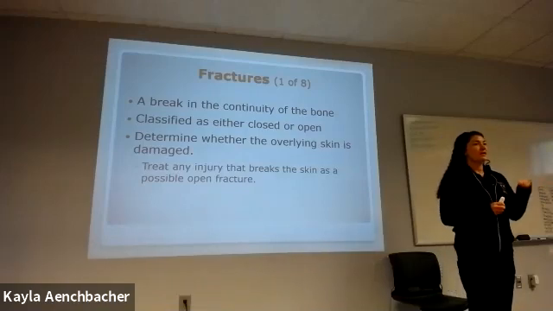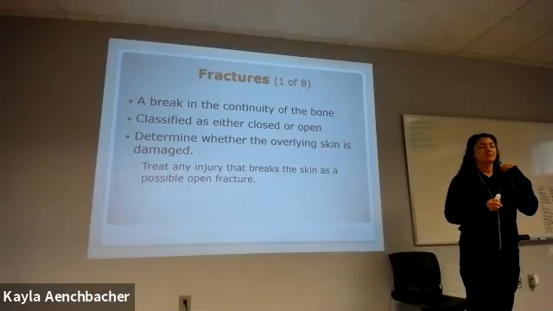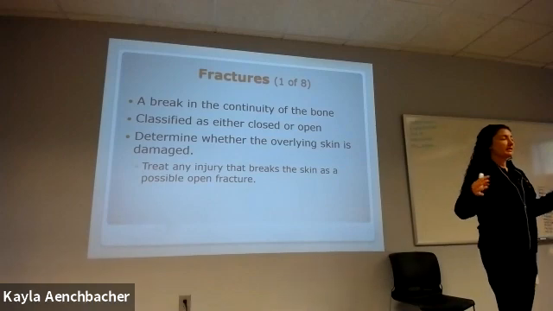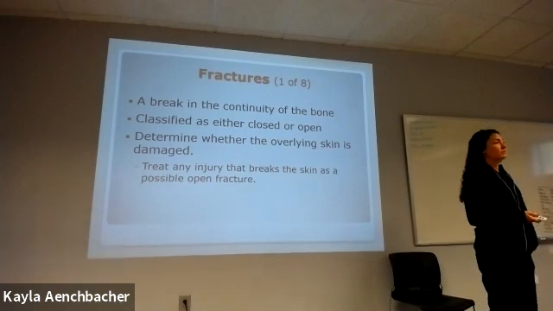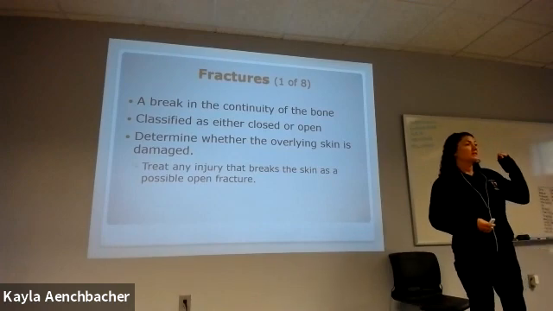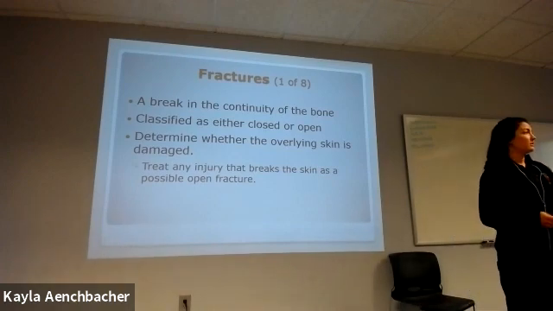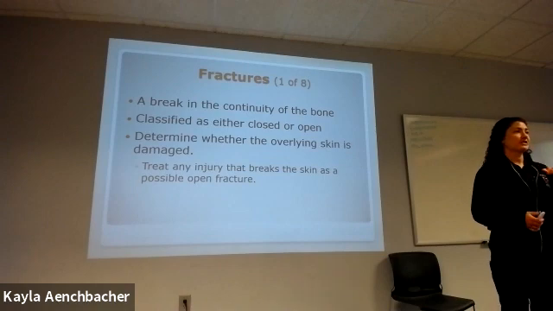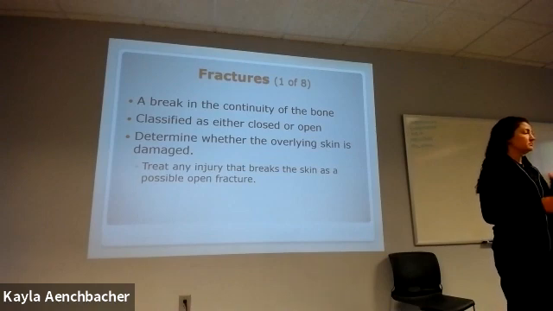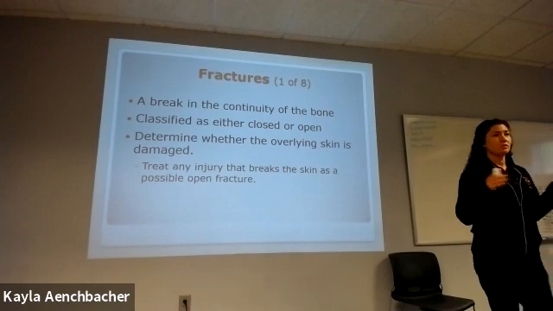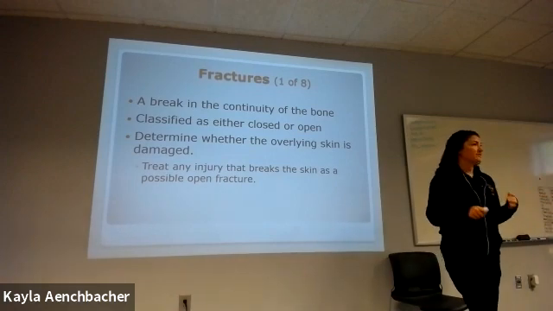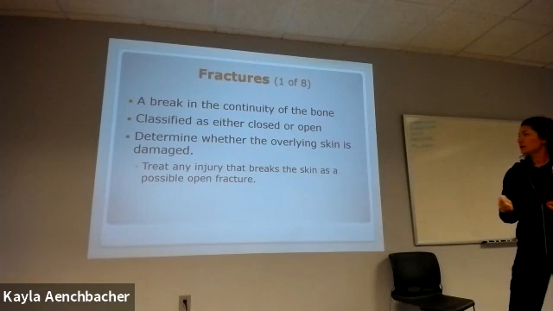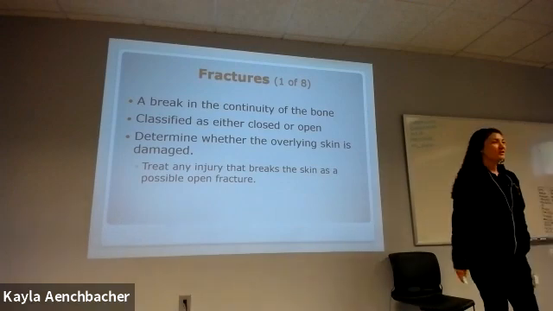In any aspect of the anatomy of the bone, we have a break in the continuity of the bone, whether that's in the head aspect of the bone or right in the shaft, if it's a hairline fracture, if it's in any way, shape, or form, the continuity of that length of the bone is compromised, we have some type of fracture.